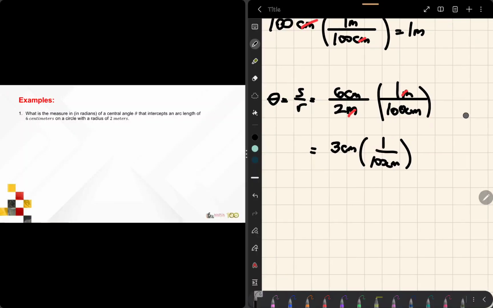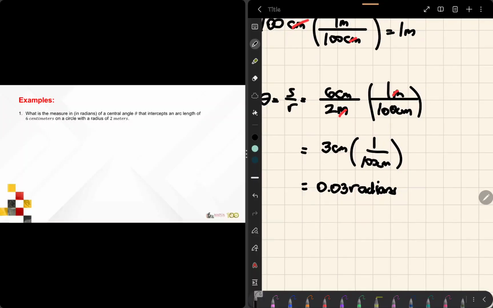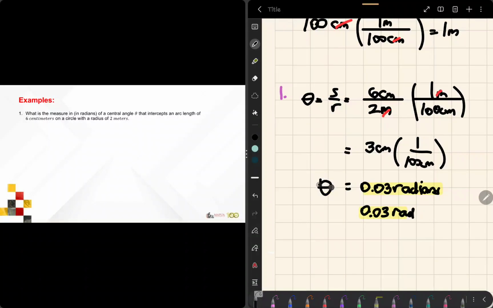So now, our answer is 3 over 100, which is equal to 0.03 radians, or simply 0.03 rad. It's just the same. Wherein theta is equal to that.